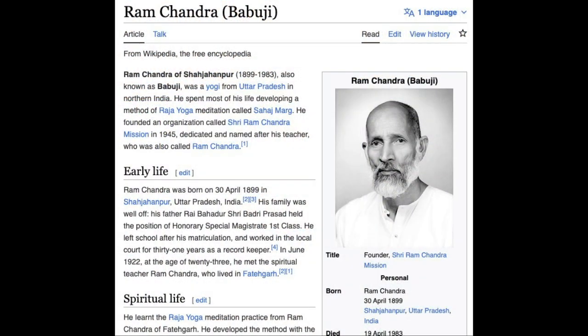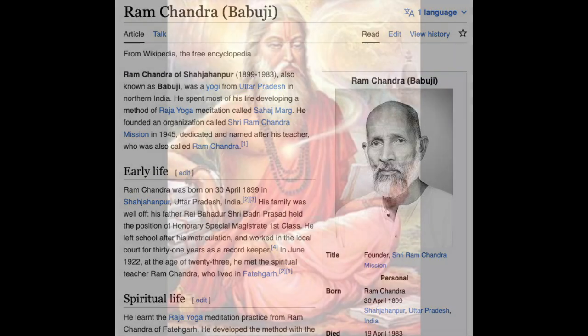So a wonderful example of an individual that is dealing with this theme of trade throughout their life, or the exchange of energy, was Chandra of Shahjahanpur, and he went by the name of Babuji, and he was the second master of a system of meditation called Sahaj Marg, which means natural path. And for him, what he received was energy from the divine source, which is called pranahuti.